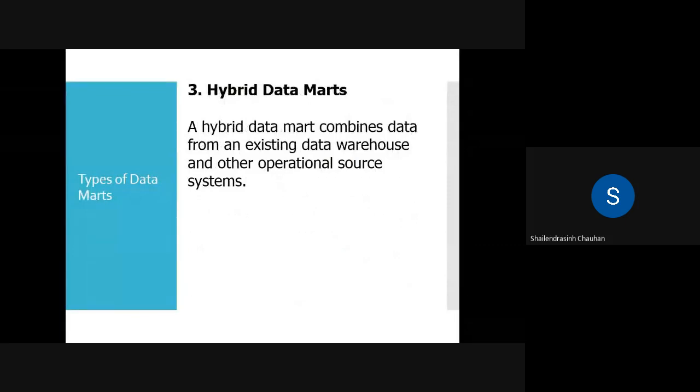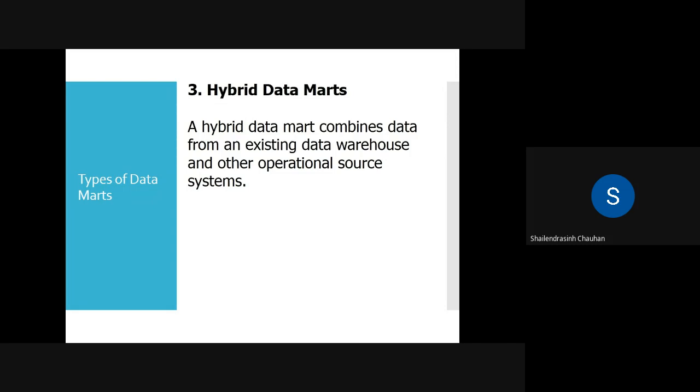And now the hybrid data mart, the data inside which is the combination of both. Some data inside the data mart will be fetched from the data warehouse and some is independent.